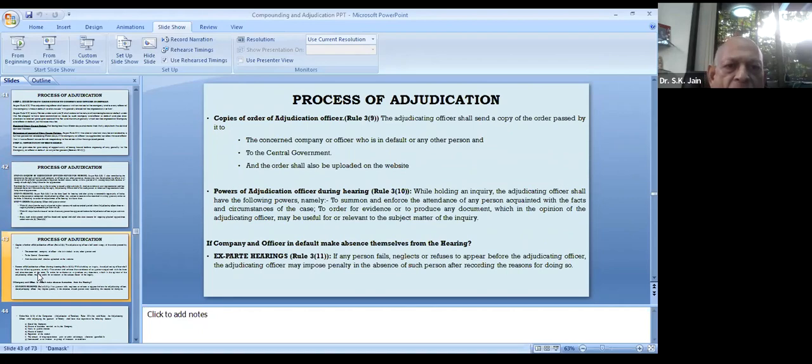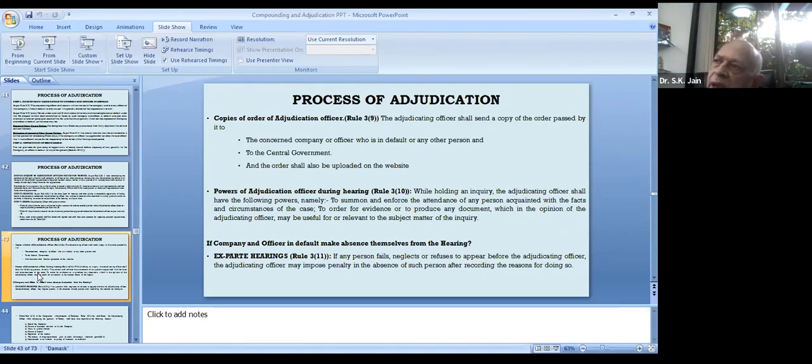Now, copies of order: the adjudicating officer under rule 3.9 shall send a copy of the order passed by it to the concerned company or officer who is in default or any other person, and to the Central Government, meaning the RD, and the order shall be uploaded on the website.